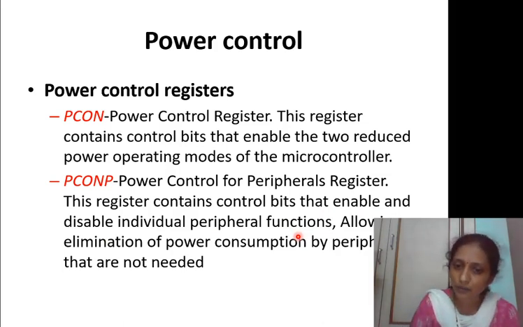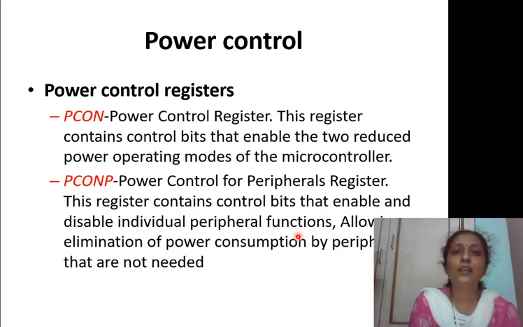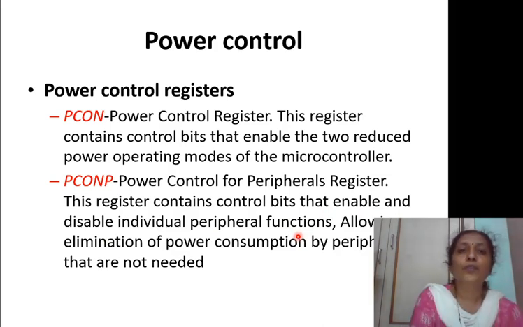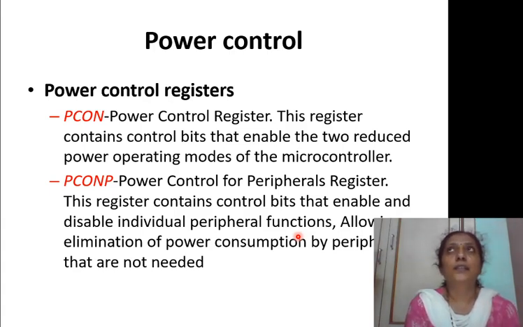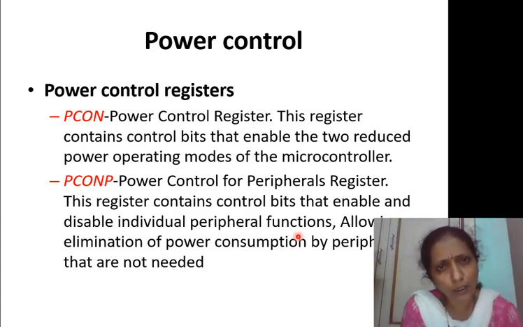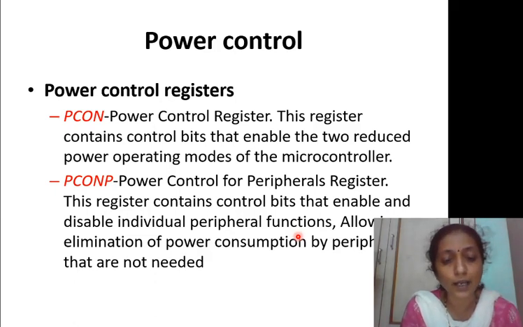We have seen the list of the peripherals for the LPC2148, like it contains ADC, DAC, I2C module, SPI module, UART, then it contains USB. So all these modules can be turned on or turned off individually, and that is done by the PCONP register, power control for peripherals.